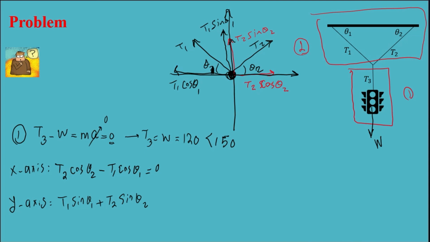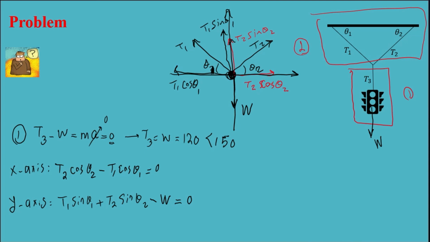And then I also have weight applying to the object, right? W right here. So that's going to be W, and it's going to be negative. Again, it's not moving, so it's going to be 0, right? So you will see in the x and y axis equations, I have two unknown parameters, T1 and T2.